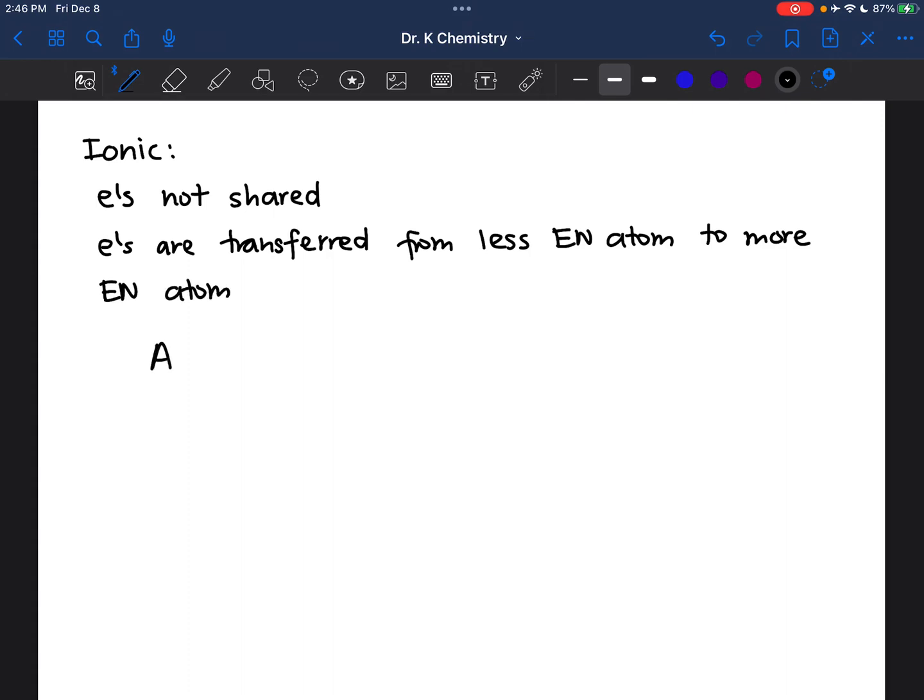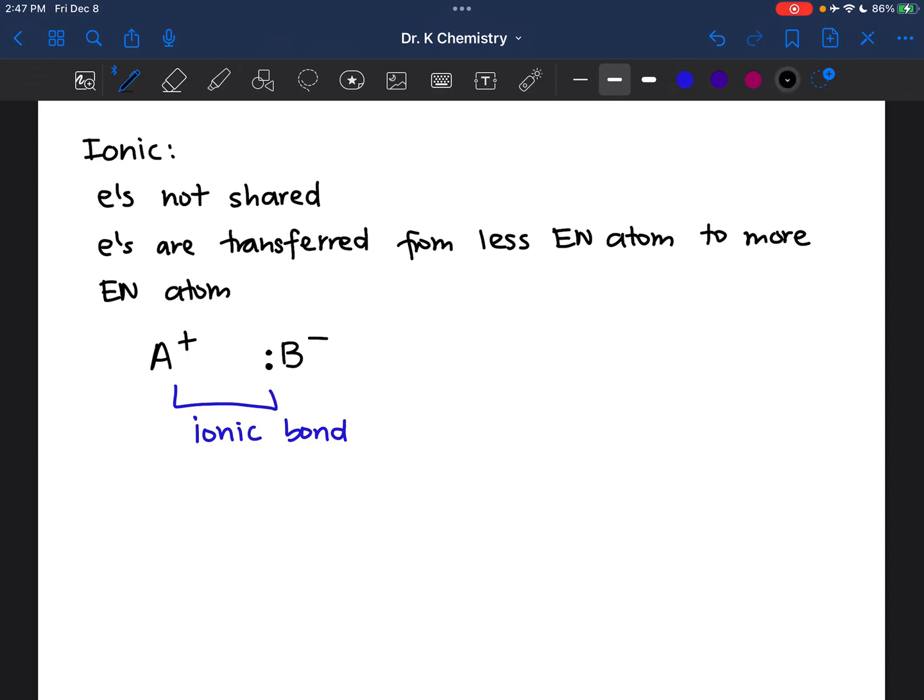Let's say hypothetically that B was way more electronegative than A. What would happen is that B would take that electron from A, and when that happens, keep in mind that electrons are negative, so B would become negatively charged and A would become positively charged because it's lost a negative particle. In that case, we would have an ionic bond, and in ionic bonds, electrons are not shared anymore. They have been completely transferred from one atom to another.